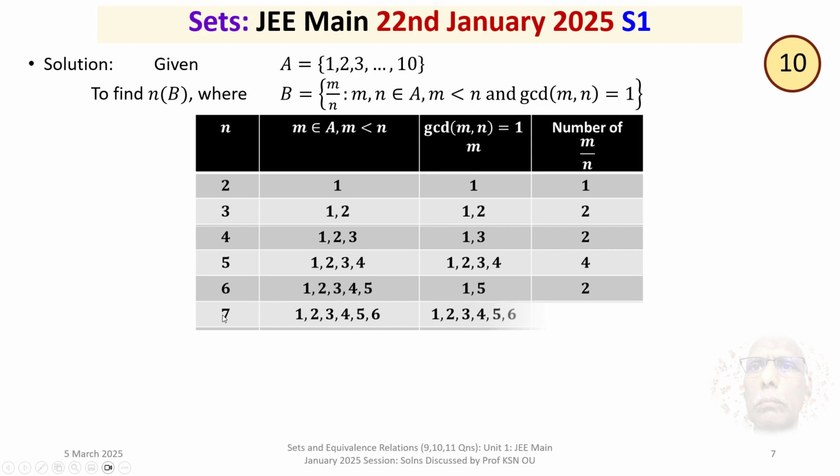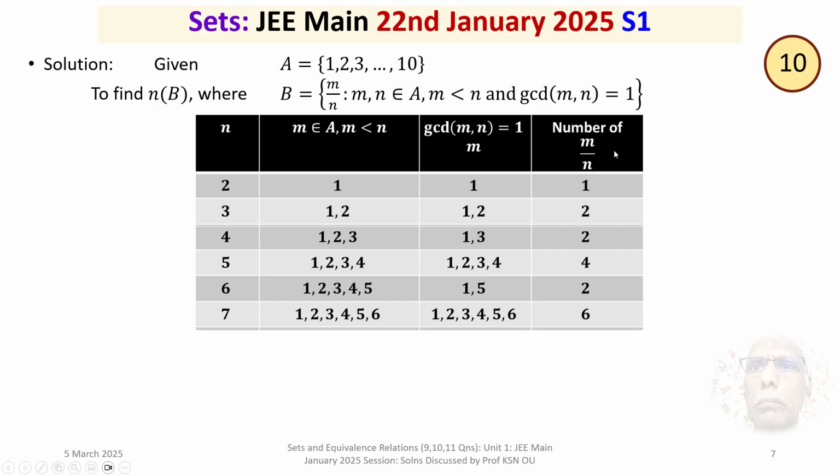Next, 7. The elements of A which are less than 7 are 1, 2, 3, 4, 5, 6. And 7 being a prime, every element is relatively prime to 7, so the GCD of m, n is 1. The m's are all these: 1, 2, 3, 4, 5, 6.